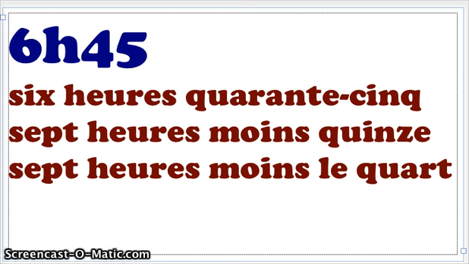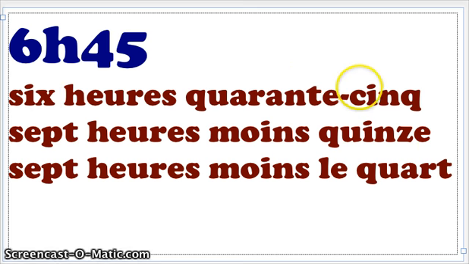Getting the hang of it? It's really not that difficult. As long as you know your numbers from 1 to 59, you can tell time all day long by simply saying the number of hours, then the number of minutes. You can go all the way from 6h01 all the way to 6h59, 6:59.